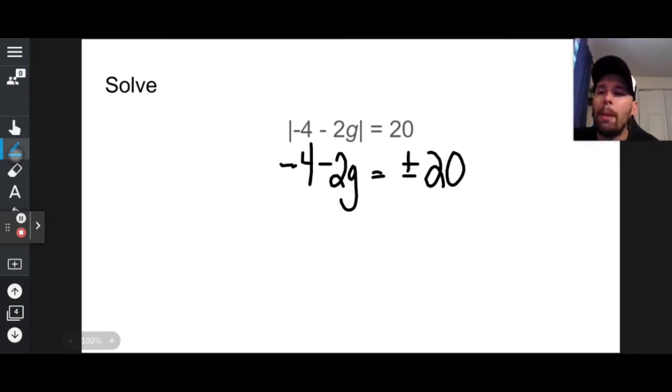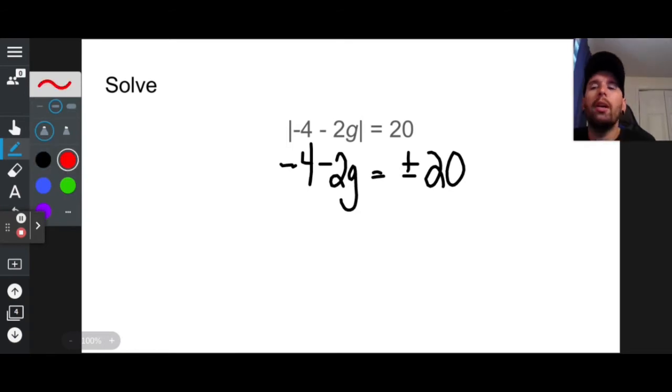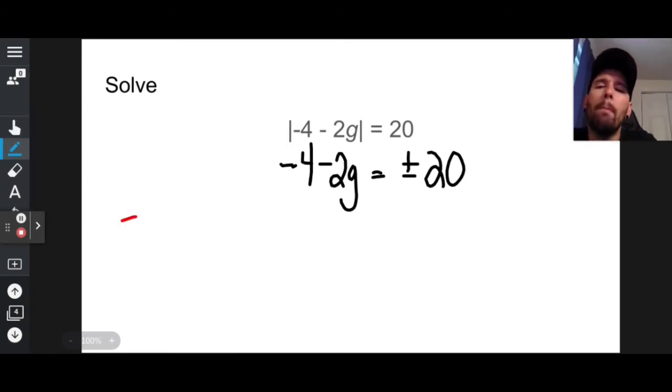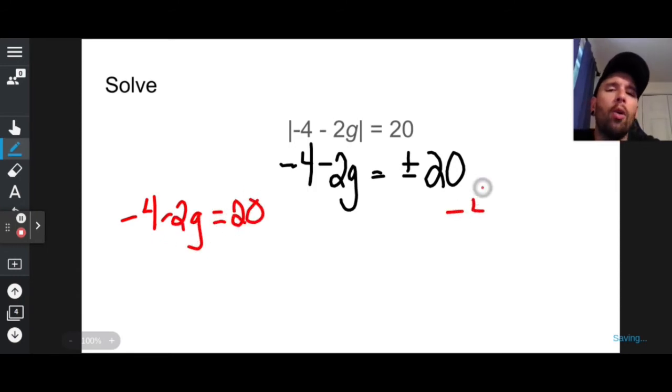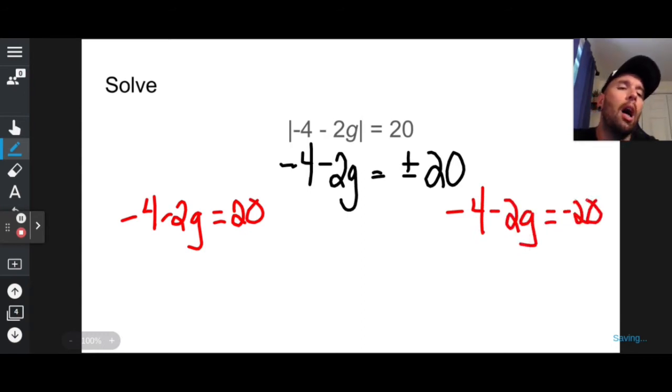So I have two separate equations that I have to solve for. I'm going to solve each of them individually.